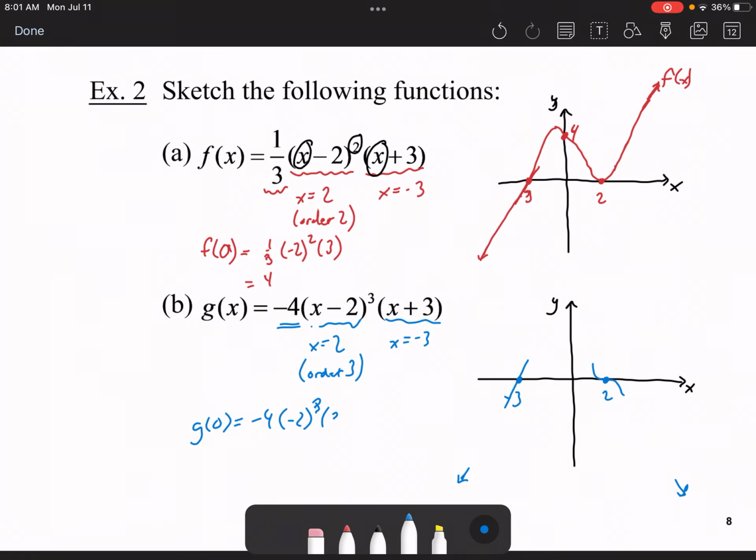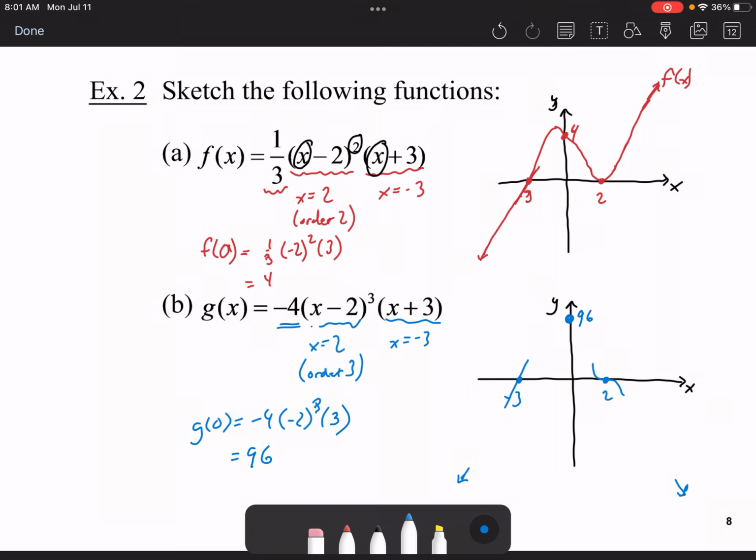Substitute the value 0 in. Okay, I'm going to grab my calculator here to calculate this. Turns out to be 96. So that means it's going to touch the y-axis at the value of 96.